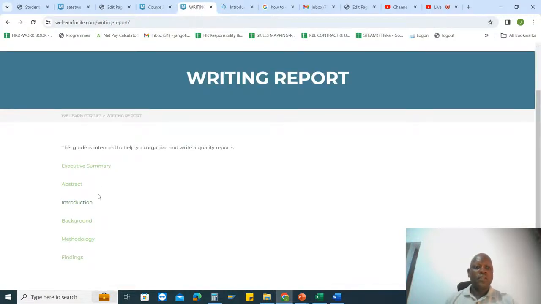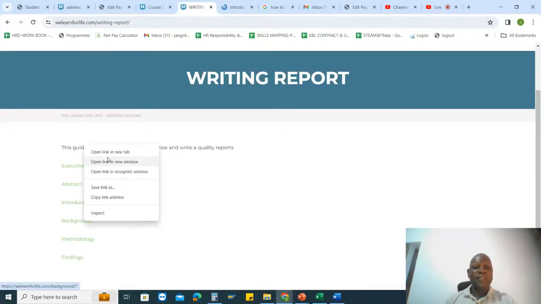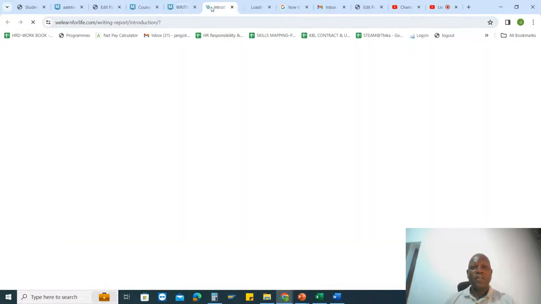When you have written your background, then you need to write your introduction that will help you to capture what needs to be captured. So we are looking at introduction together with the background. Therefore, this gives a foundation or the fundamentals of what we are doing.